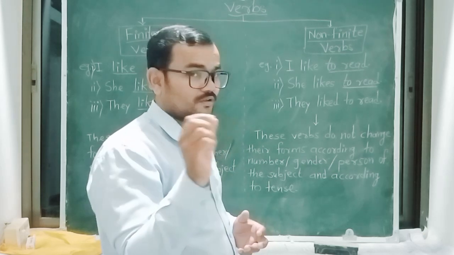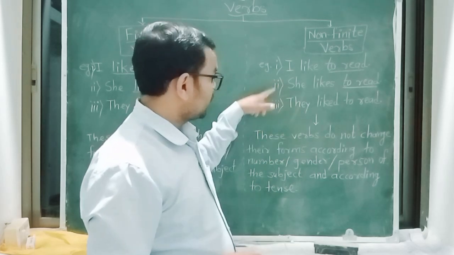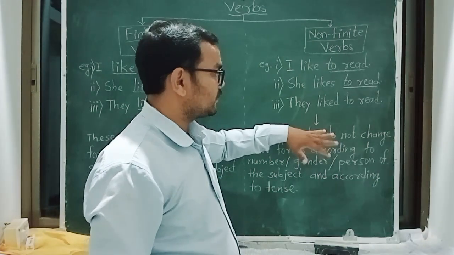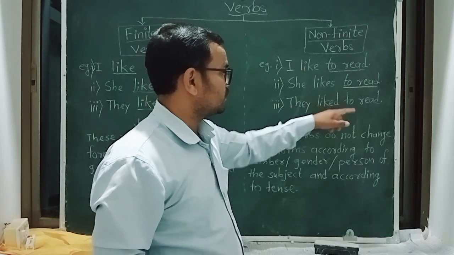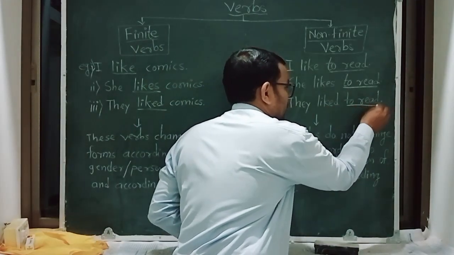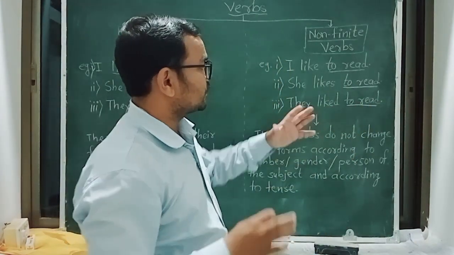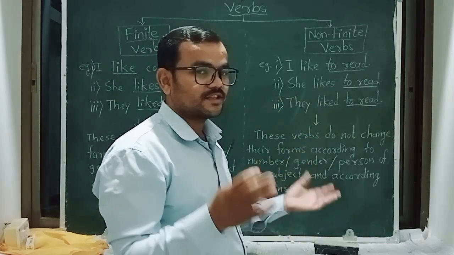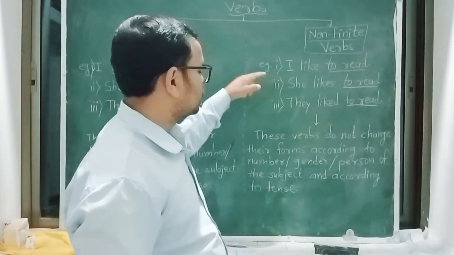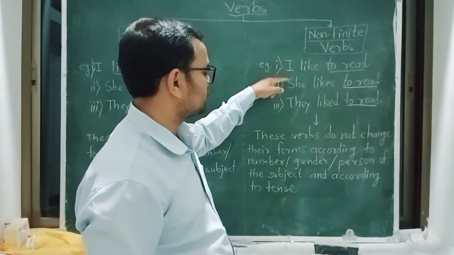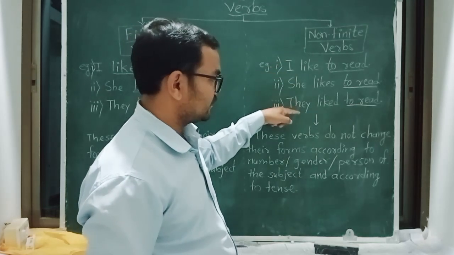In the third sentence also, I changed the tense and there is no change in the form of the verb to read. So these kinds of verbs, which do not change their form according to the number, gender or person of the subject and according to the tense, are called non-finite verbs.